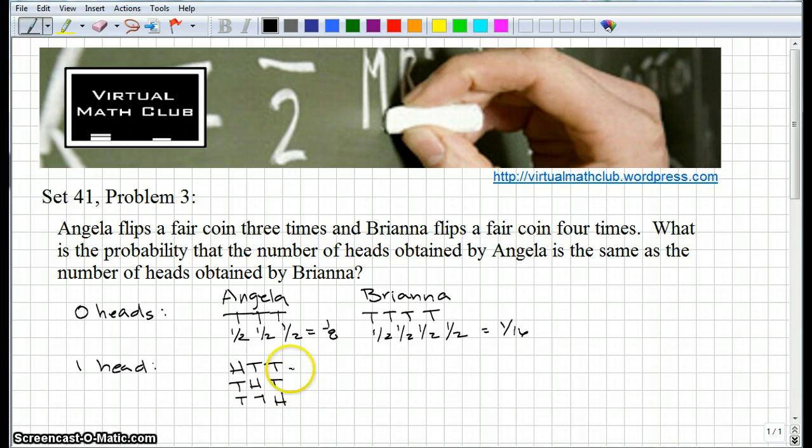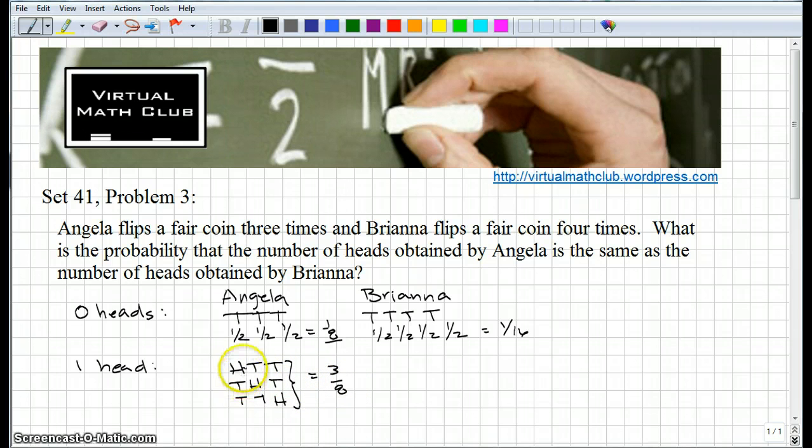For each one of those possibilities there's a 1/8 chance, so the calculation is the same: 1 out of 2 for the head on the first, 1 out of 2 for a tail, and 1 out of 2 for a tail on the third. So each one is 1/8, and if we add those up, that's 3/8. Does that make sense? So there's a 3/8 chance that Angela gets 1 head.